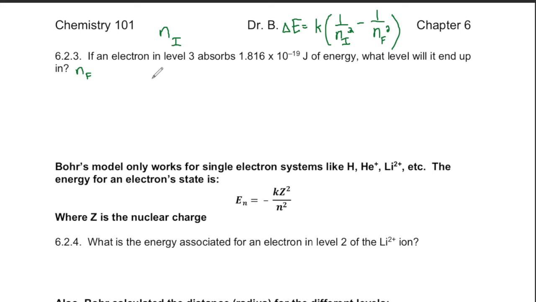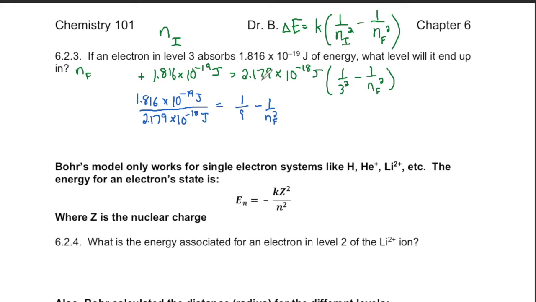The change in energy, it's absorbing, so that's a positive change in energy, 1.816 times 10 to the negative 19 joules. K is 2.179 times 10 to the negative 18 joules. 3 is the initial level, and the final level is what we don't know.